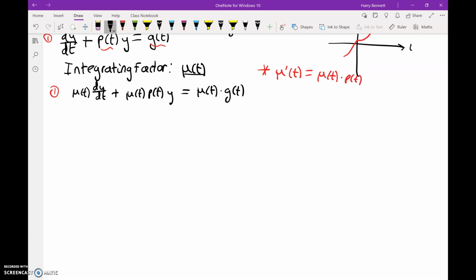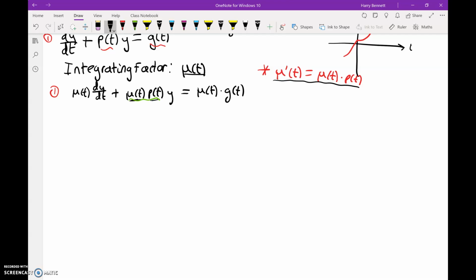That's the trick that we want from this function. So here's p of t, and here's mu of t, and when we differentiate it, we want to obtain this part of the equation.